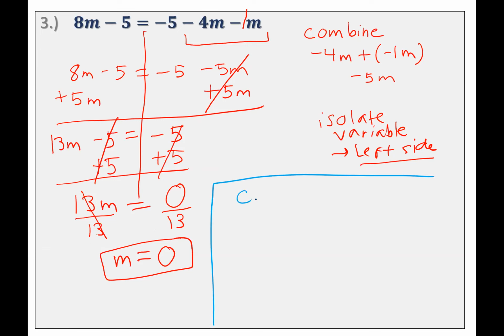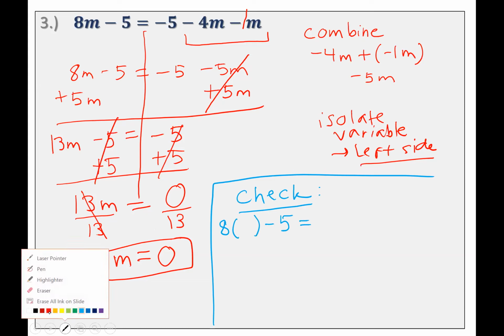Remember, checking your answer just looks like rewriting the equation but replacing the variable with your answer that you got. So I'm going to rewrite the problem, 8m minus 5 equals, but instead of the m, I'm going to replace it with 0. So it really looks like 8 times 0 minus 5 equals.